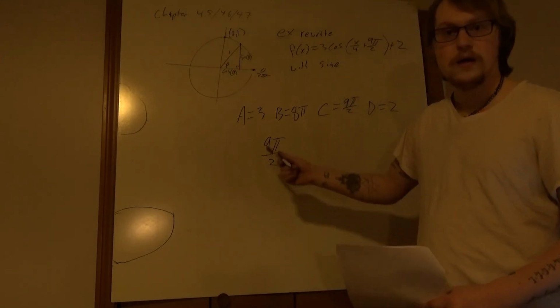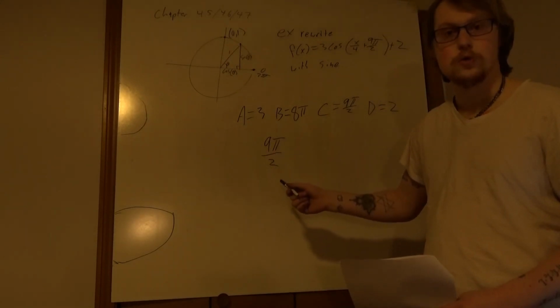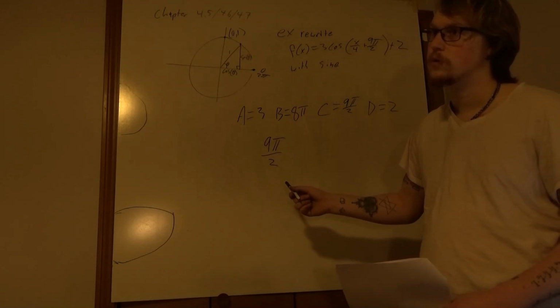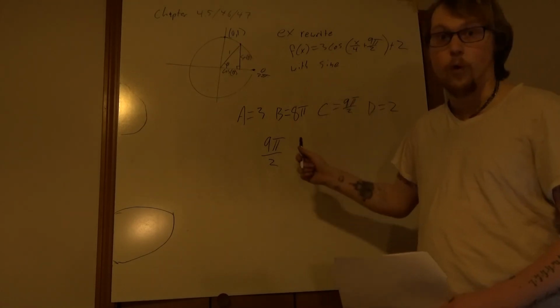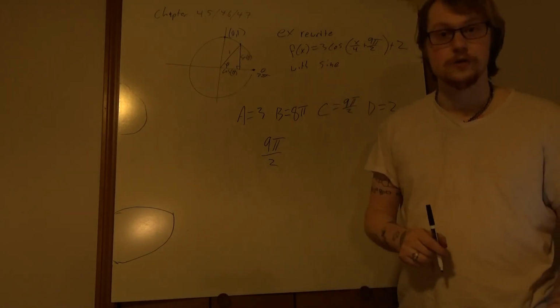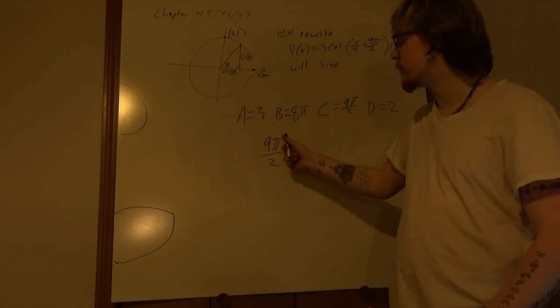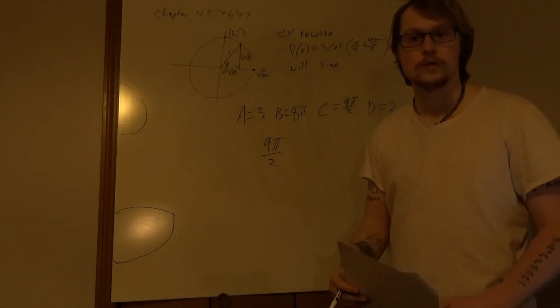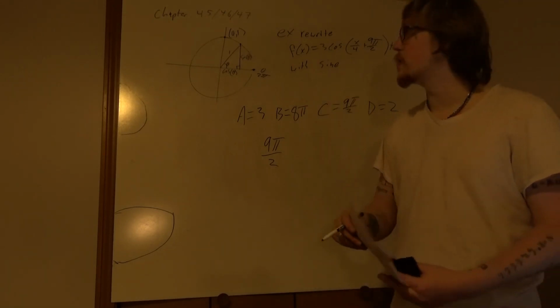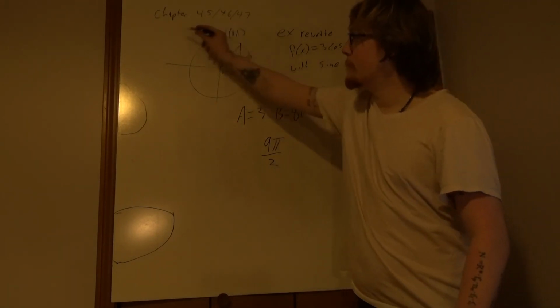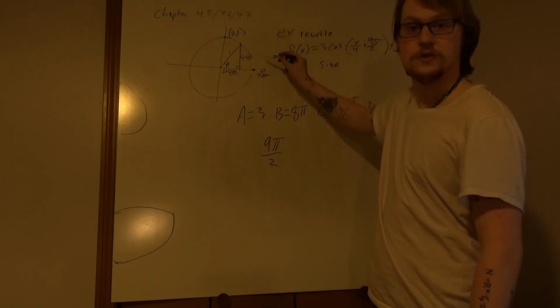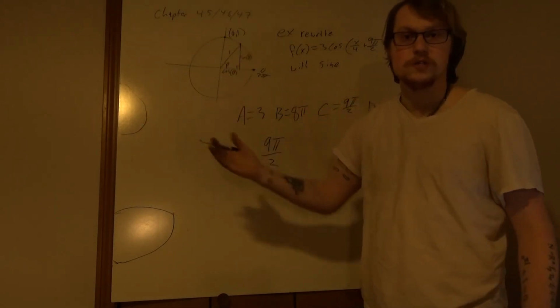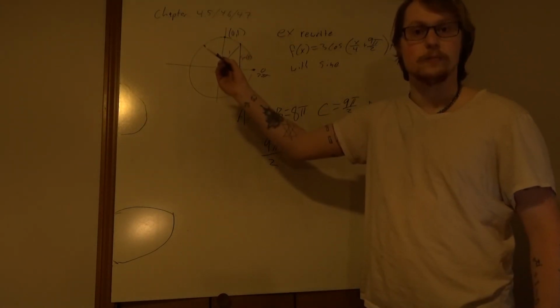If we think about it, 4 pi over 2 is exactly 2 pi, right? So since we have 9 pi over 2, we have significantly more than 2 pi. But we know that on the unit circle, if you go past 360 degrees and keep going, well, it's just the same as just going that little bit, right?